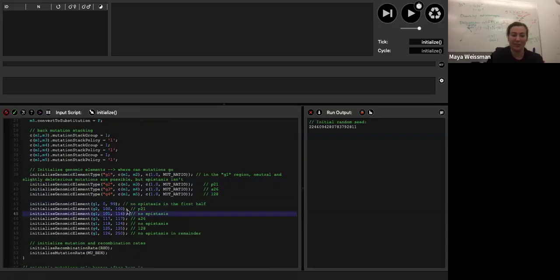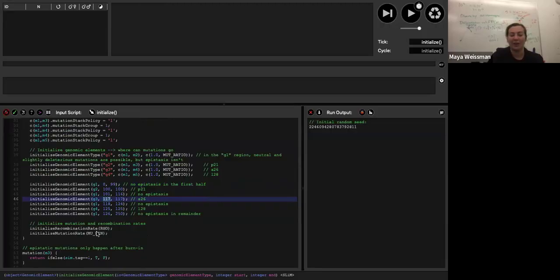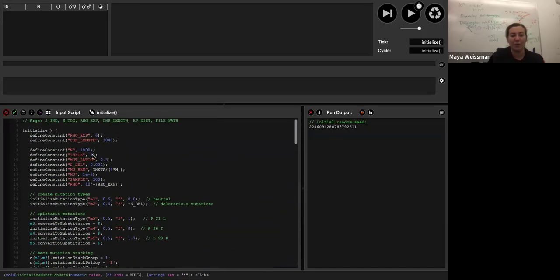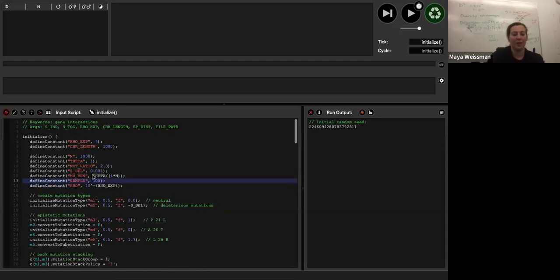From 100 to 100, this is the P21 locus. No epistasis, A26 is at like 117. A lot of bookkeeping. And then I gave it my recombination rate and my very high mu. This is not load bearing. Mu is equal to theta over 4N, and I said that theta is equal to 1.